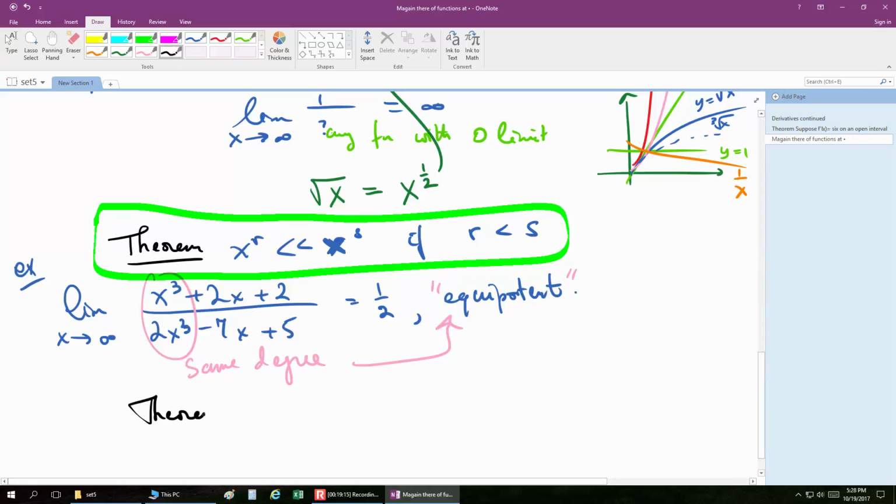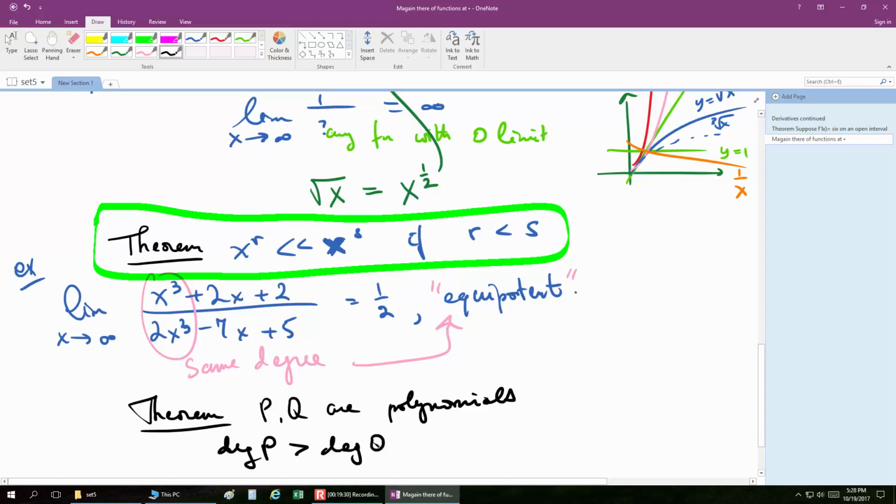Slightly more general in some sense, and slightly less general in another. If P and Q are polynomials, then the degree of P larger than the degree of Q means that P is more potent than Q. So that's one more theorem.